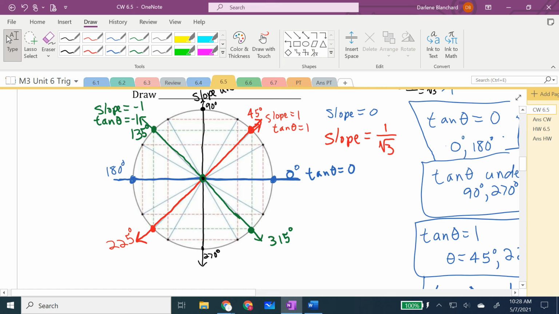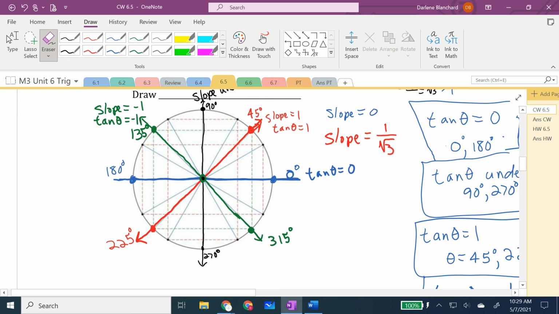The only angles that are unaccounted for with just this much would be this pair of angles who have opposite sides over there, and this pair of angles who have opposite sides over here. So if you focus on just these numbers alone so far, you have the majority of the answers for tangent that you're expected to work with.